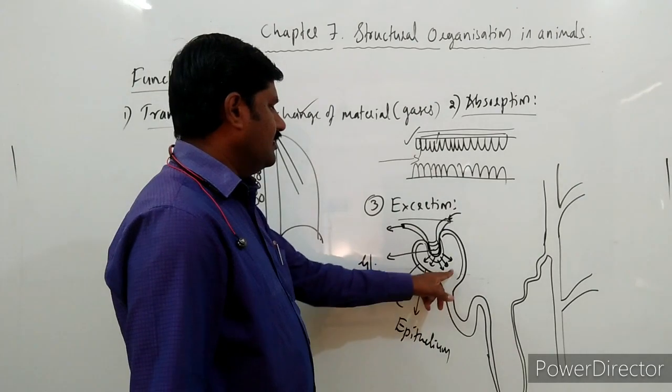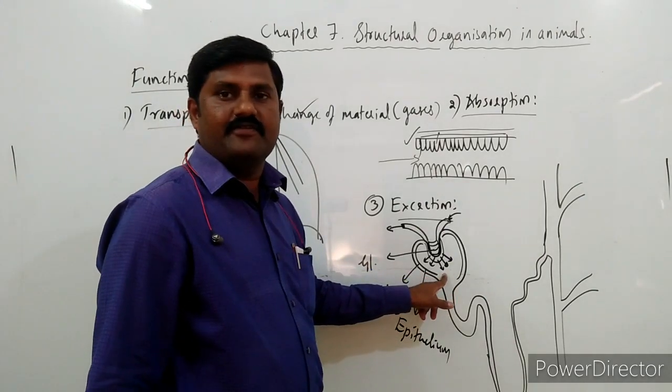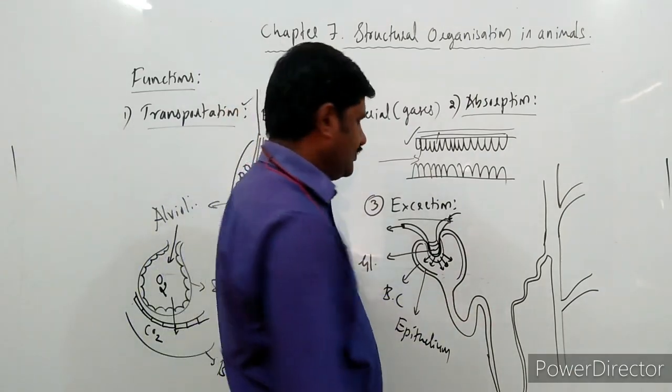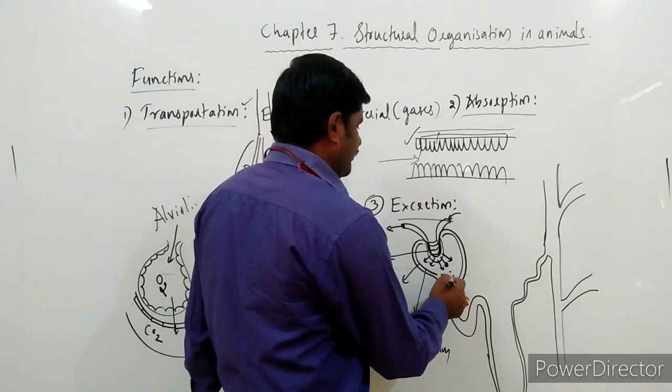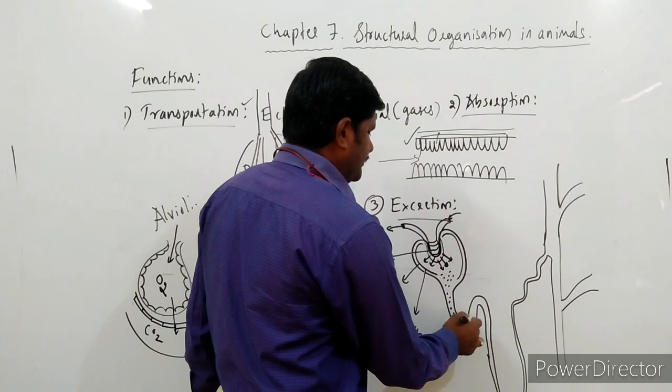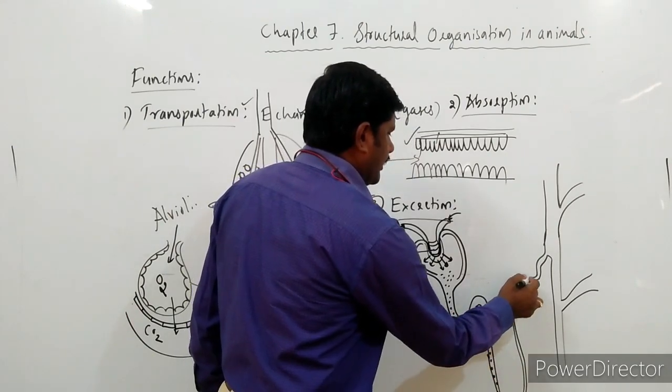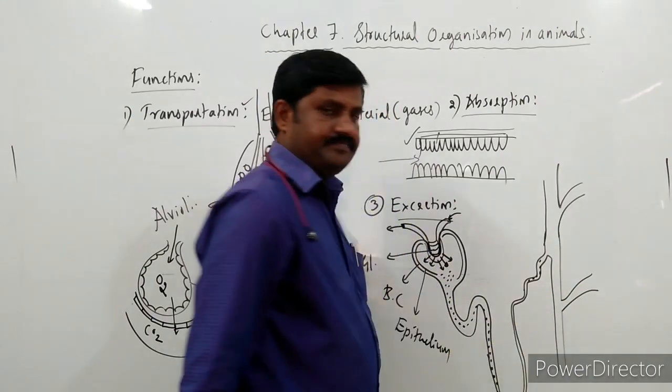All this is called nephric filtrate. When the nephric filtrate is collected over here, it passes through the PCT as well as the Henle's loop as well as the DCT.